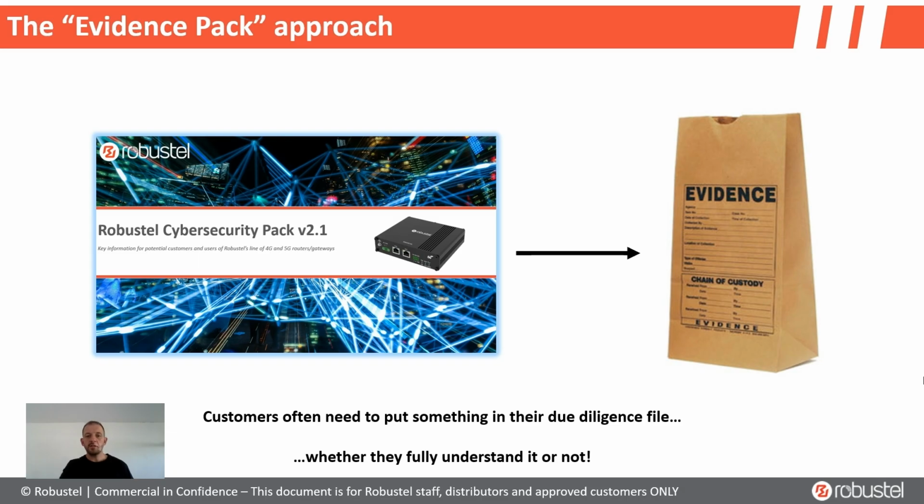So in this quick pitch, we're going to take the evidence pack approach. We're just going to give you a list of accreditations and processes that are in place to build up a degree of confidence that many of the right things are being done, and that's been audited by third parties to achieve the certification, the accreditation.